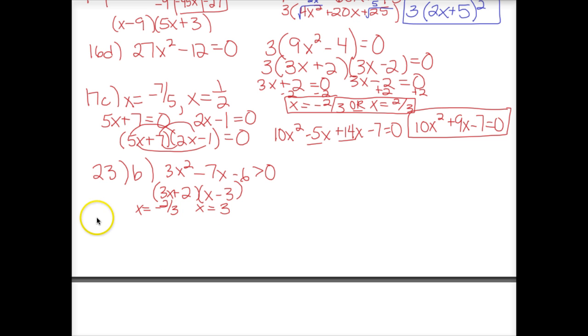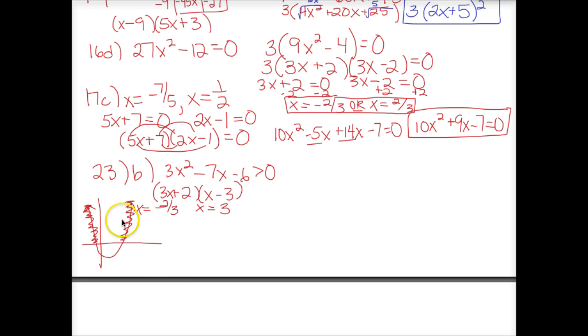If you are solving these graphically, which is my preferred method, you do a sketch. You know that it crosses the x-axis at -2/3 and +3, which means it looks something like this. And then you say my original inequality was a greater than. So if I want to kind of squiggle in the parts that are greater than 0, it would be the arrows.